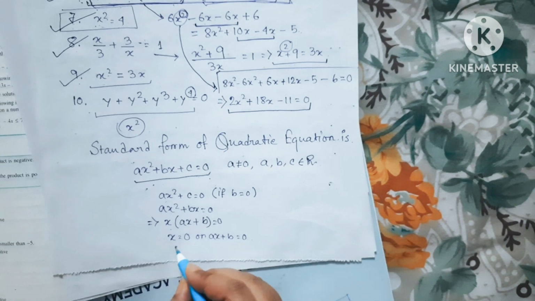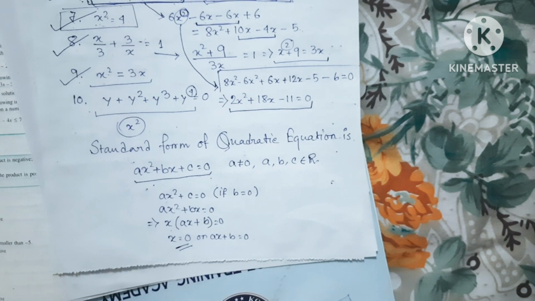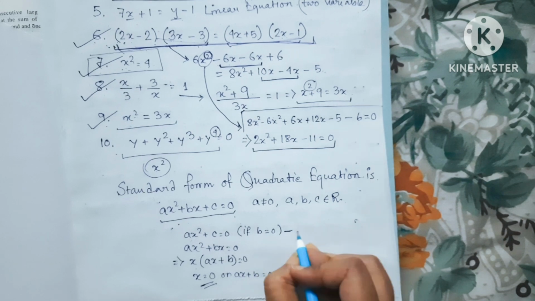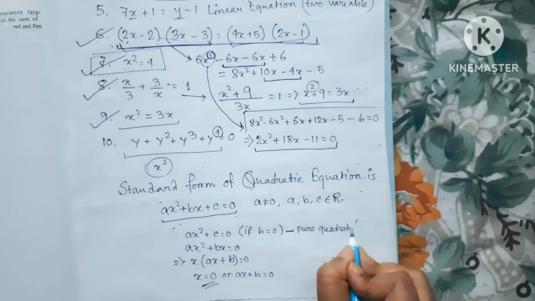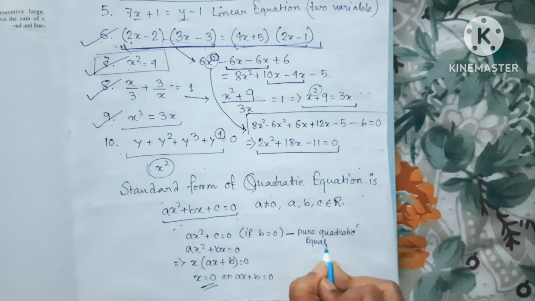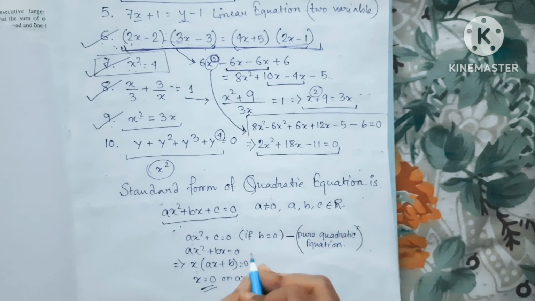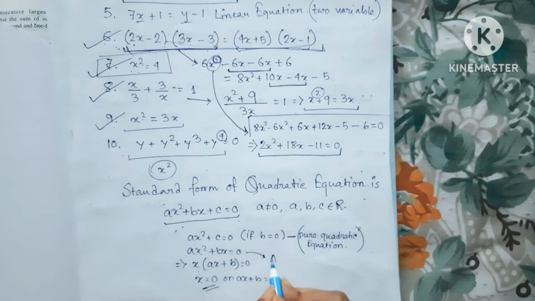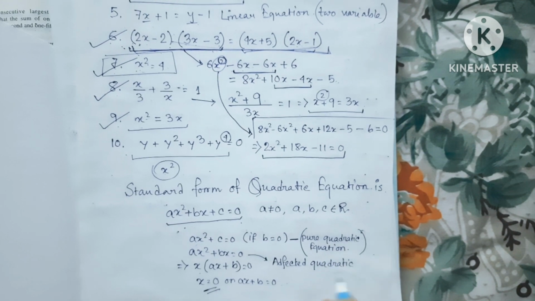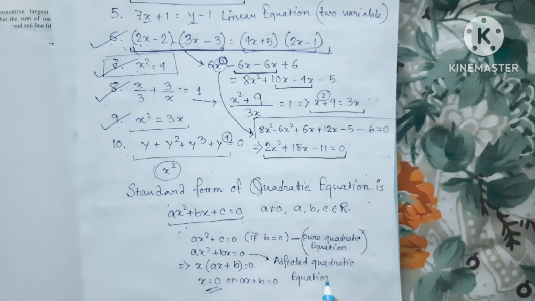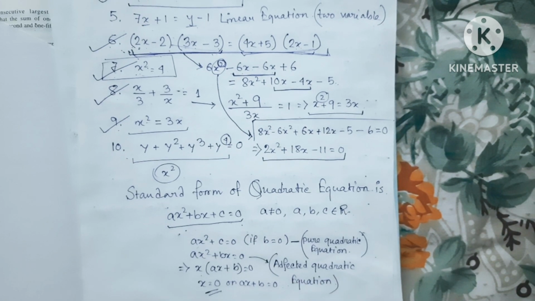So in that case x equal to 0 can be a solution. Okay, this one is called pure quadratic equation and this one is called adfected quadratic equation. Okay, so if you have some equation, you will easily identify which one is quadratic and which one is not.